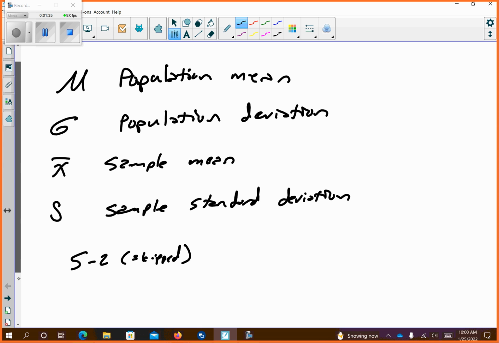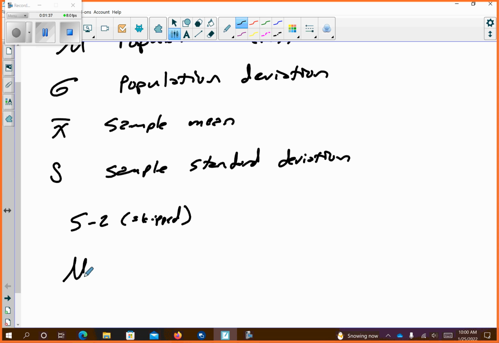Then we have a symbol that looks kind of like this. So this is the sampling distribution mean. And we would also have this.